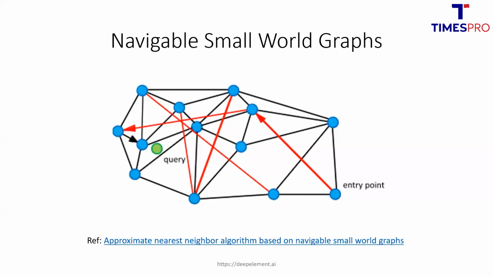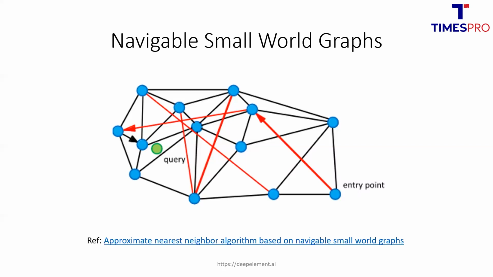As I've said, we can consider all these vectors as points in n-dimensional space. And if these are points in n-dimensional space, we can consider them as nodes in a graph. Every point acts like a node in a graph. We can connect these points by edges.